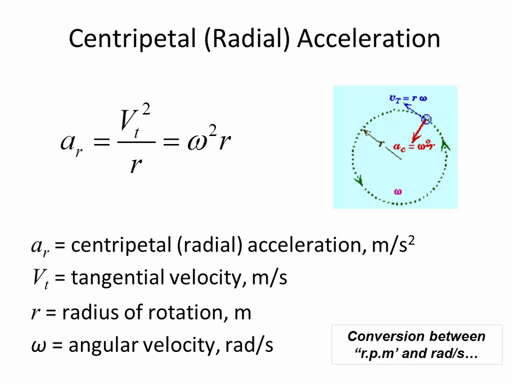So if we have 100 revolutions per minute, and we multiply that by 2 pi radians per revolution, and then we multiply that by 1 minute in 60 seconds, that allows us to convert 100 revolutions per minute into, in this case, 10.47 radians per second.